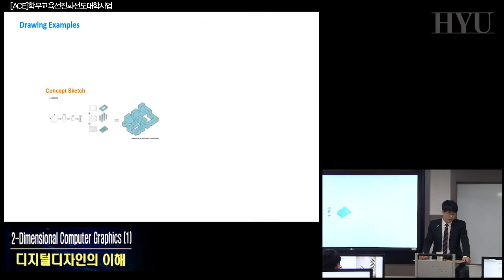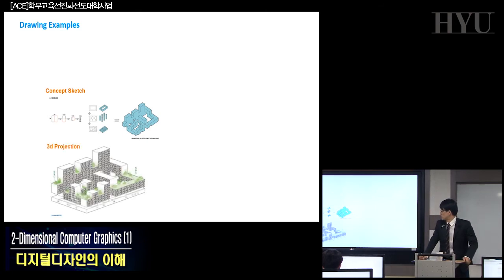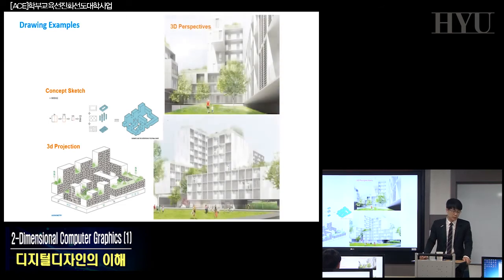The second one, here is a concept sketch, rectangle shapes combination, and sometimes looks complicated mixture of that rectangle shapes, cubes, but eventually designers provide this kind of orthogonal 3D projection. It's not perspective, it's orthogonal drawing, projection, but in 3D.